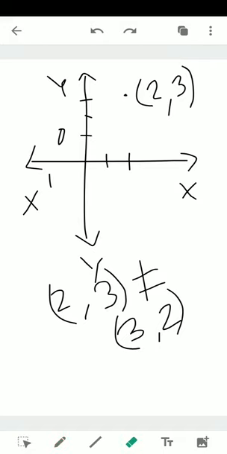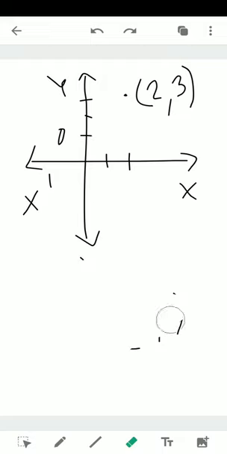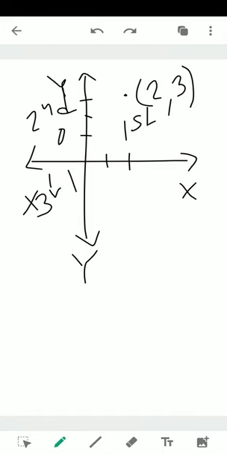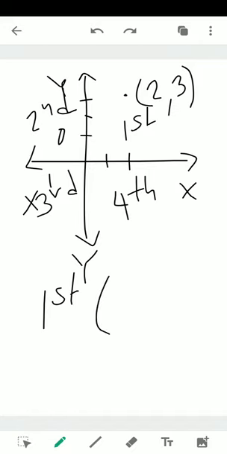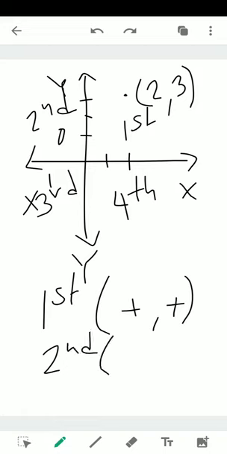So that's the main reason why these are called ordered pairs. If you see properly the coordinate system, this is called your first quadrant, this is called your second quadrant, this is called your third quadrant, and this is called your fourth quadrant. In the first quadrant, I will get all positive points, and in the second I will get one negative and another positive.